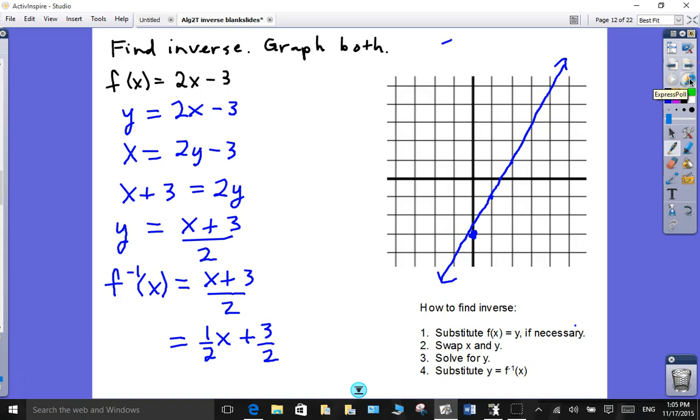Okay, 1/2 x plus 3/2 has a y-intercept of 3/2 and a slope of 1/2, which would mean up 1 over 2. Up 1 over 2. So that'll look like this.